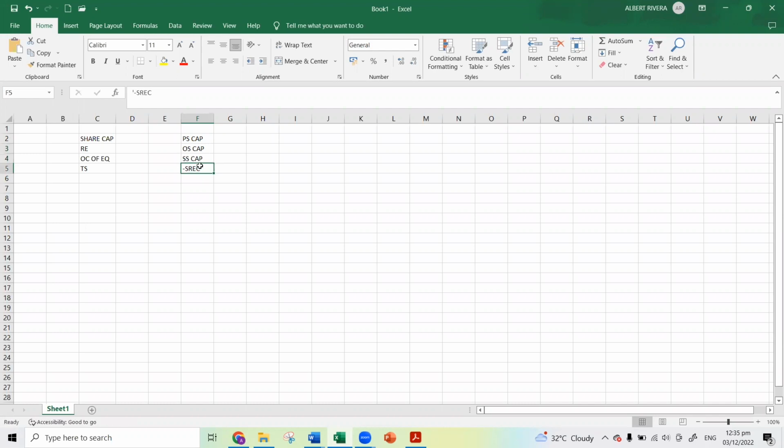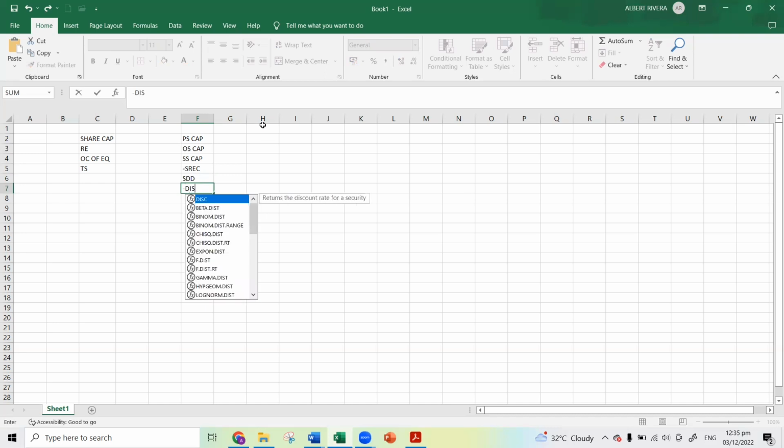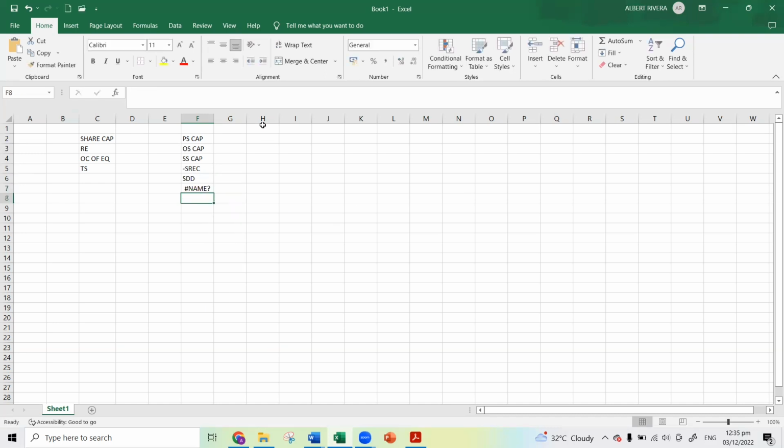Then we have the share dividends distributable, which is also called stock dividends payable in other problems. We have the discount, which is a contra equity also. Discount on share capital, which is also a contra equity account.